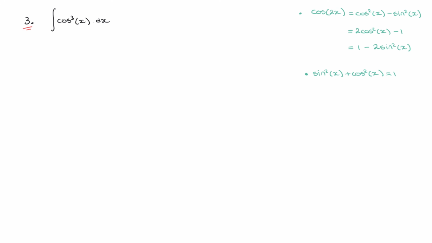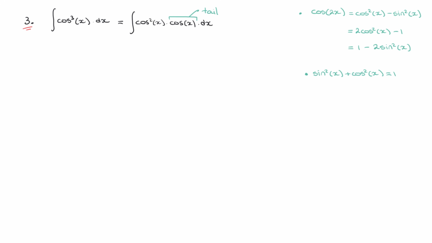Now, for odd powers of cosine or sine, the method is quite different. And here's the whole idea. I'll go ahead and rewrite this integral as the integral of cosine squared of x times cosine of x, and dx at the end there. And now, although this is in no way an official term or name for this, the cosine that I took out here, well, in my class I call this the tail.